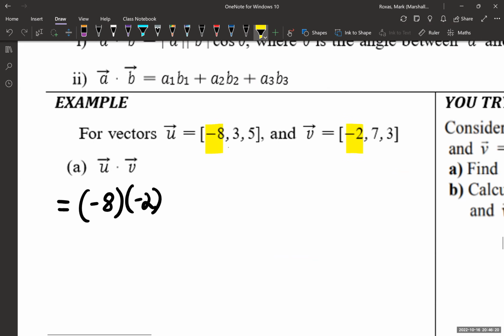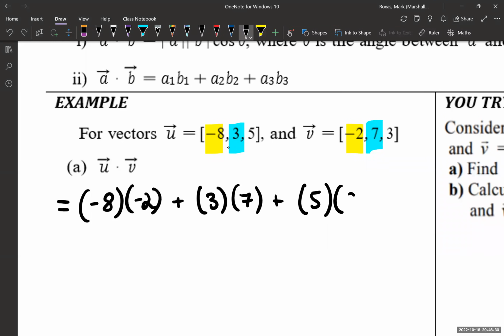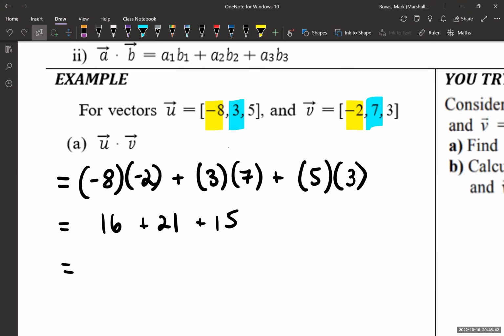Then multiply 3 and 7 and add it to that, and then the z components, 5 and 3. Then you add them up. 8 times 2 is 16, 3 times 7 is 21, and 5 times 3 is 15, and that equals 52.